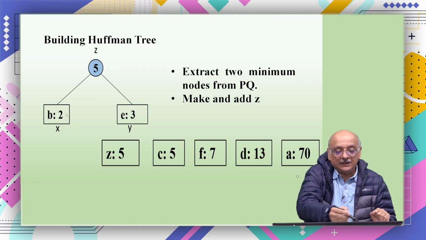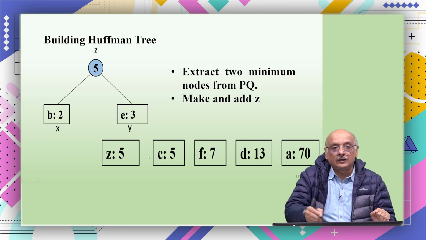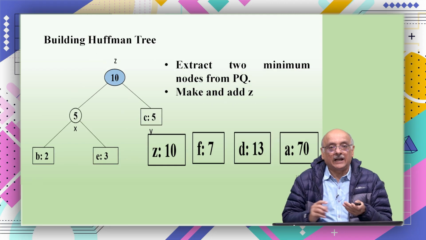So, B 2 is the left child, E 3 is the right child, and the weight of z is 5, because 2 plus 3. The frequency of z is 5, and z is reinserted into the queue. Although we have just kept it here, it should have been reinserted, so it will come into this particular position. So, we have added z back.